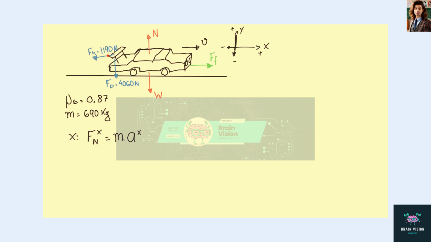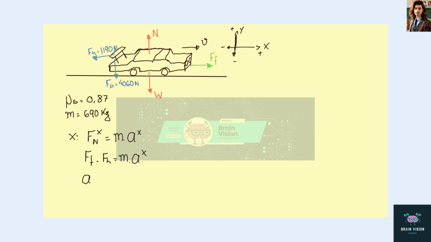In the horizontal direction, we have 2 forces, the frictional force and this resistant force. So, the frictional force minus that resistant force is equal to the mass of the car times the acceleration of that car.